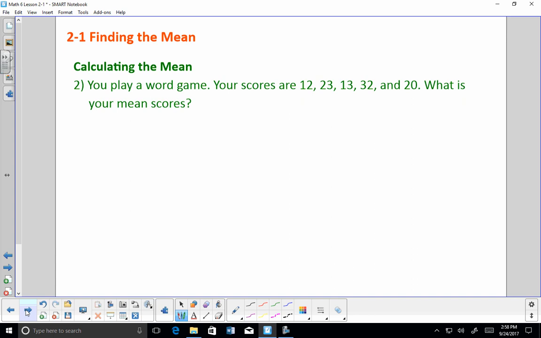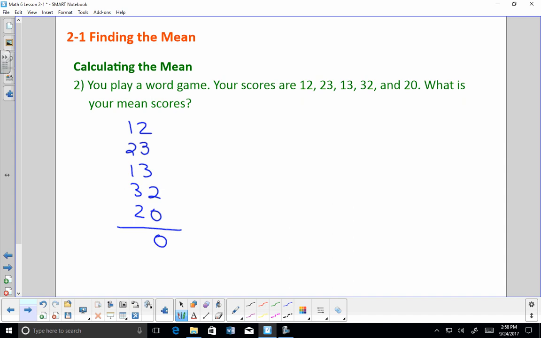For example, let's say you play a word game. Your scores are 12, 23, 13, 32, and 20. If you want to find your mean score, the first thing you must do is add up all of your scores. So I had 12, 23, 13, 32, and 20, and I'm going to add these up. 3 plus 2 is 5, plus 3 is 8, plus 2 is 10.